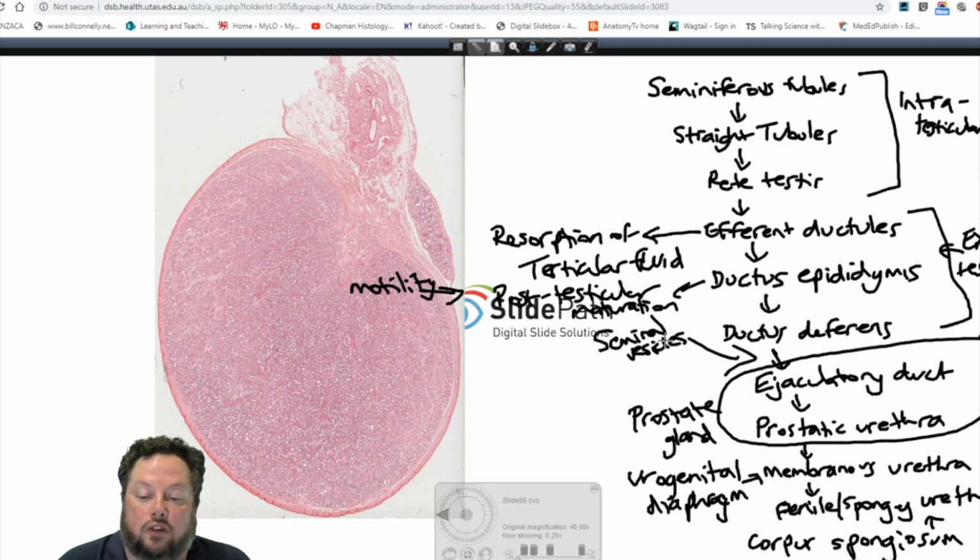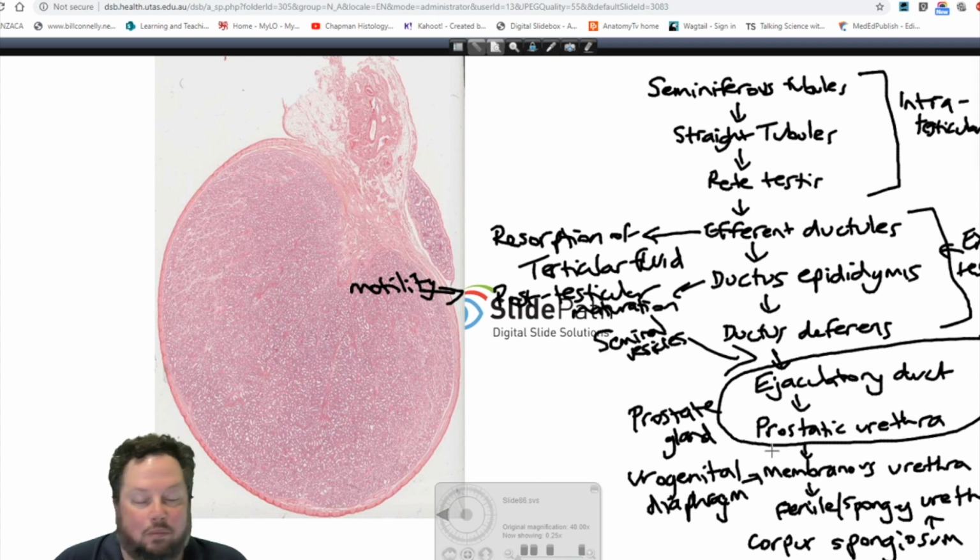We get contraction of the smooth muscle in the seminal vesicles, again by the sympathetic nervous system during the emission phase. We get contributions from the prostatic glands through contraction of smooth muscle, and then we get semen formation, and then ejection through the external urethral orifice.